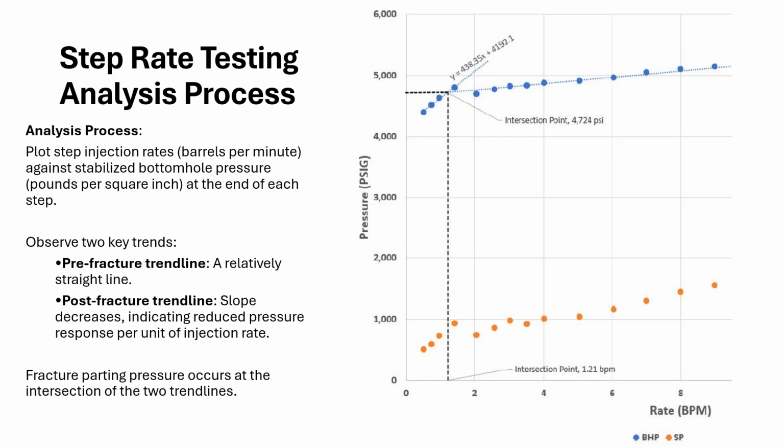I will also add one thing to that, Josh: we've done some tests where we didn't get to fracture parting pressure, but it was well within what the operator needed. In those circumstances, it's important to communicate with the state agency.